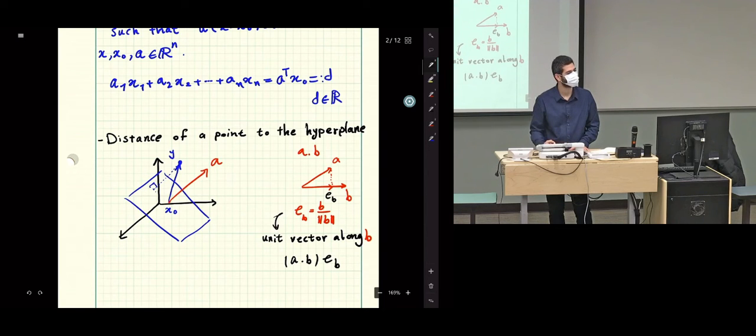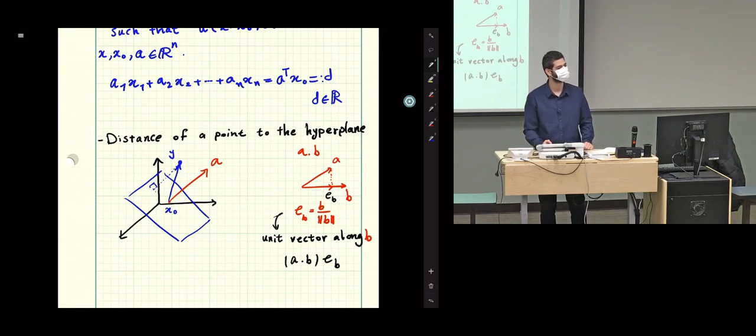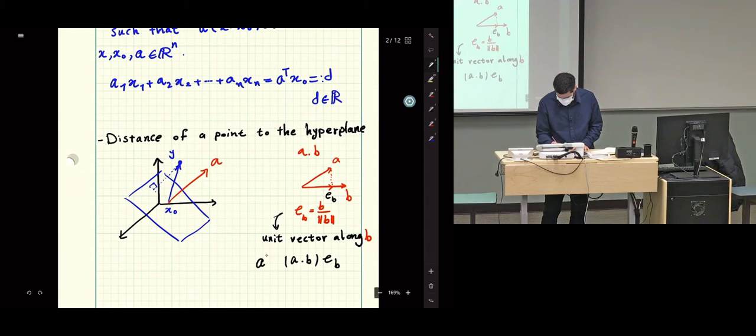You remember a better notation? When we project a vector along another vector, did we have a better notation? I don't recall anything. We could call it C, any other vector, but let's call it A prime.